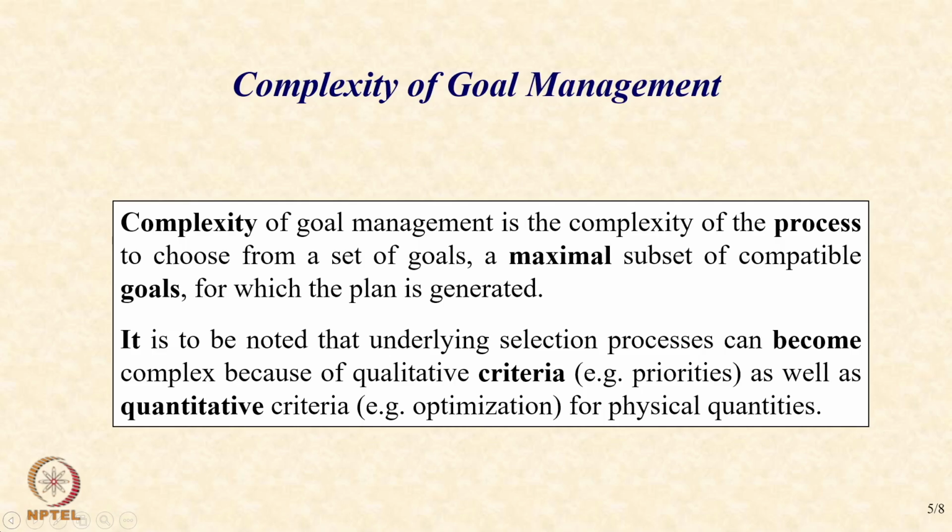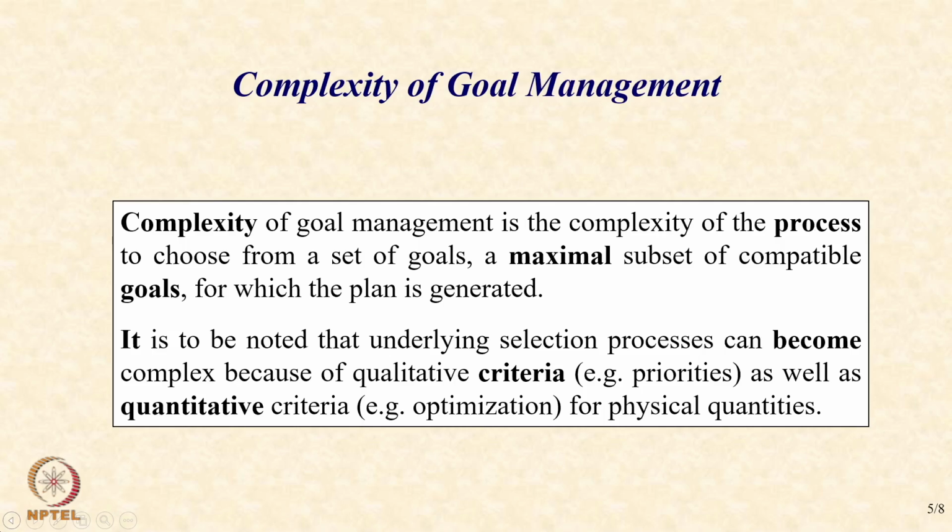It could be a single objective optimization, it could be a single objective with multiple criteria optimization, which could be qualitative, which could be inequality criteria, which could be equality criteria, and then it could also have a multi-objective optimization, which means there could be multiple objectives which may need to be optimized together through a weighted optimization process.